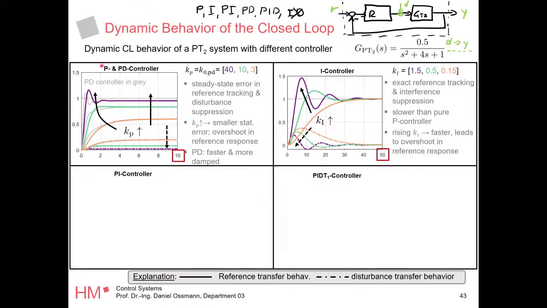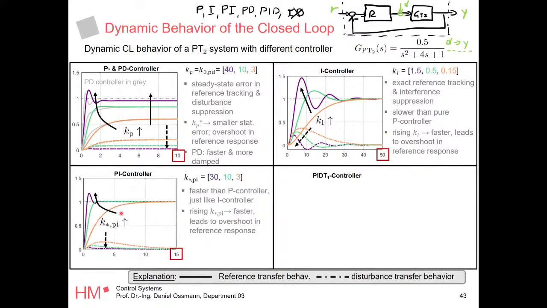So next, we're going to fuse the P controller and the I controller. We're taking the speed of the proportional part and combining it with the accuracy of the integral controller. And you see, this is the PI controller. Again, here I'm using this K star because a PI controller, you can write it down here.